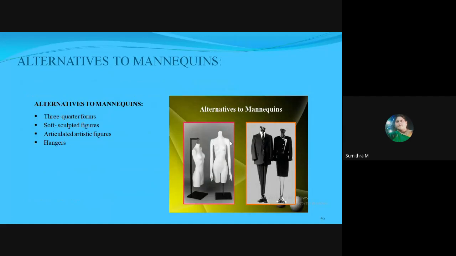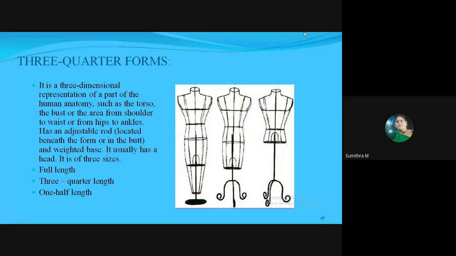As an alternative to mannequins, even though I told you a mannequin is very expensive and we can't spend too much on purchasing one, we can go for some alternatives called three-quarter forms, soft sculptured figures, articulated artist figures, and hangers. This is otherwise called a dummy, which we use in our draping lab.